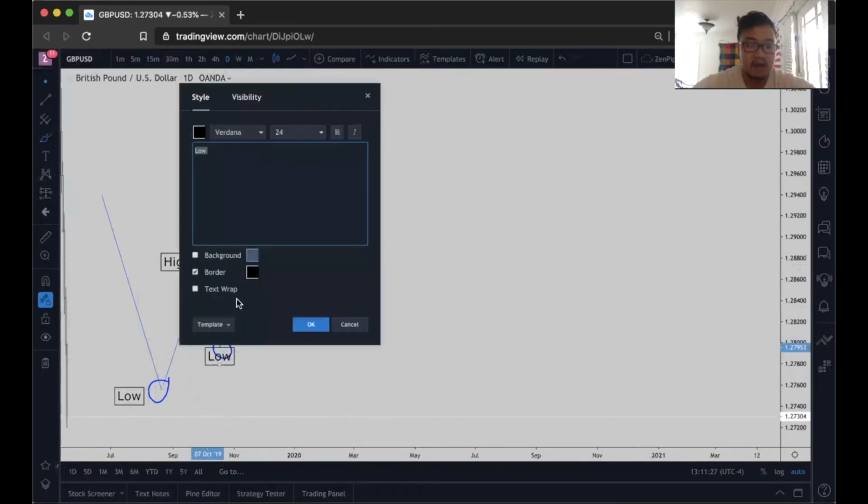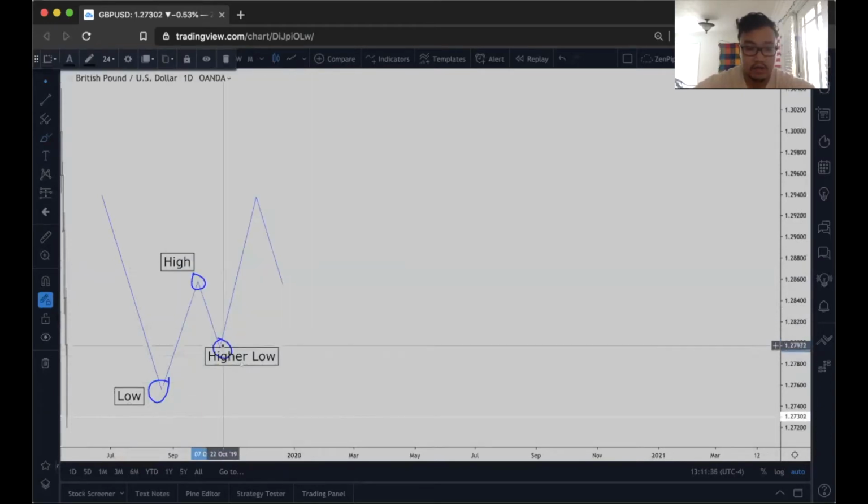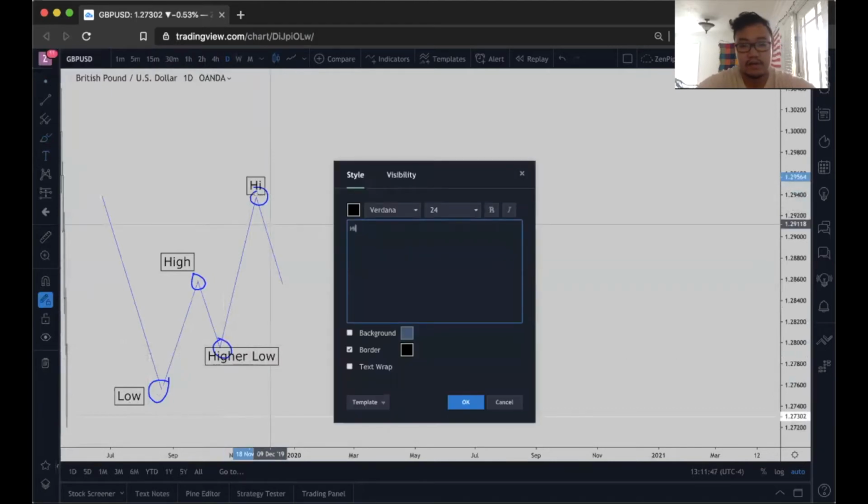If you compare that low to the first low, we're looking at a higher low. This low compared to this one is higher. This high compared to this one is also higher. This is a higher high.